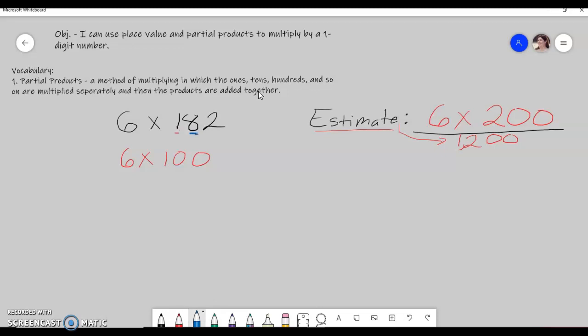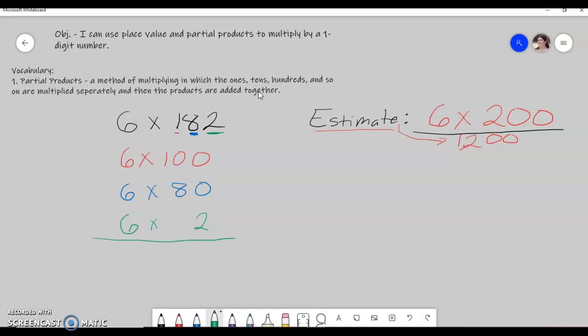That is actually 8 tens, or another way of saying 80. So now it's going to be 6 times 80. And last but not least, we have our 2 in our ones place. So that's going to be 6 times 2. Now notice I've lined them up with place values. So 6 times 100, 6 times 80, 6 times 2. I haven't changed the value of what that number is, I've just broken it apart by place value.